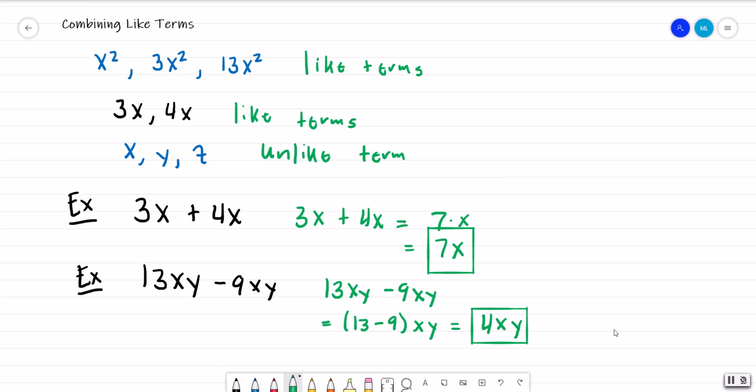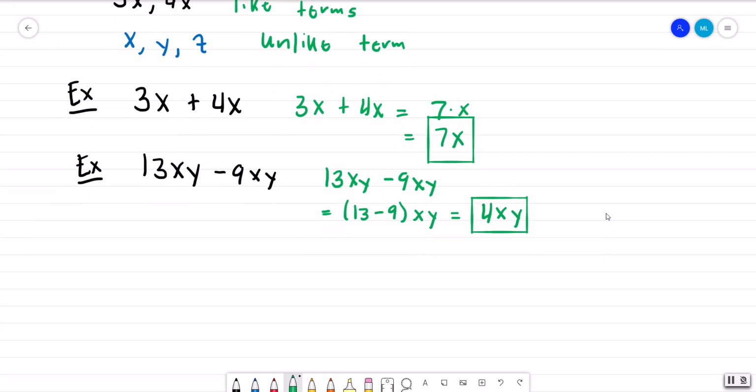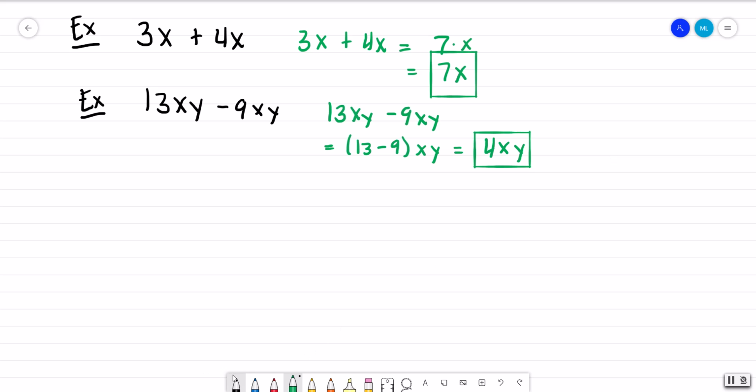Okay, let's say that we have another example of trying to combine like terms. Let's say that you have 3x plus 2y minus x plus y.